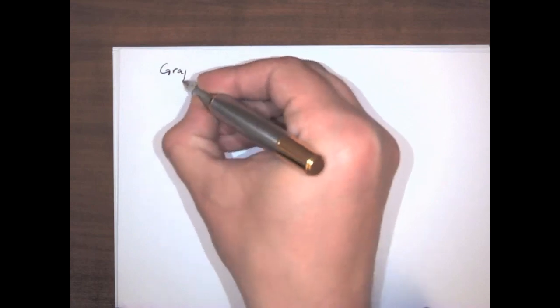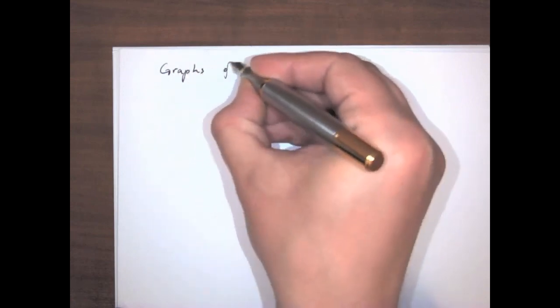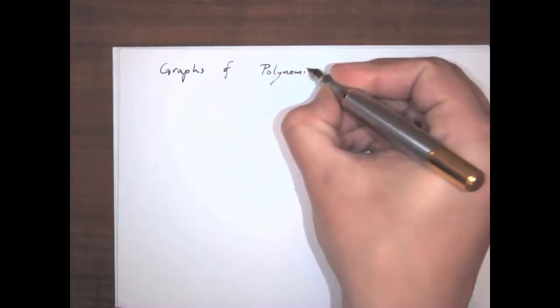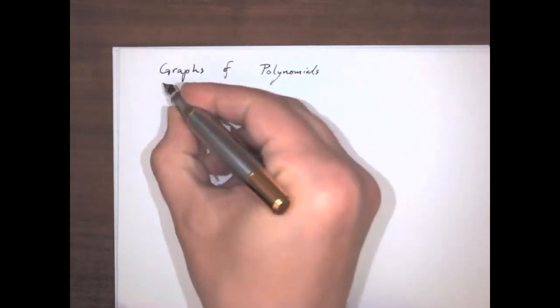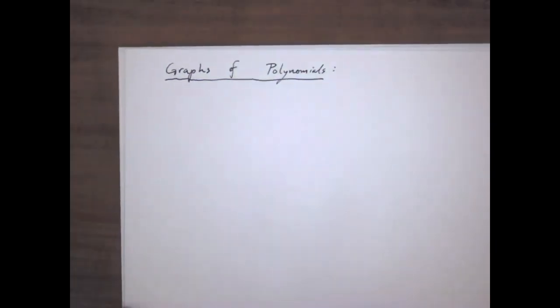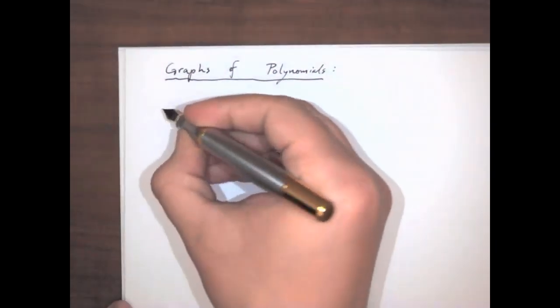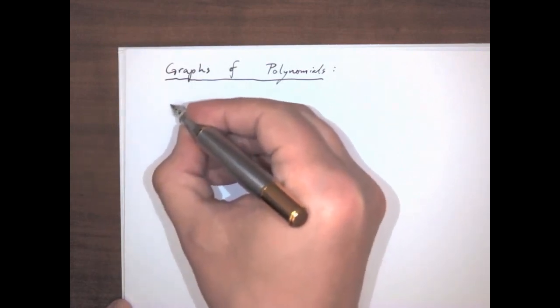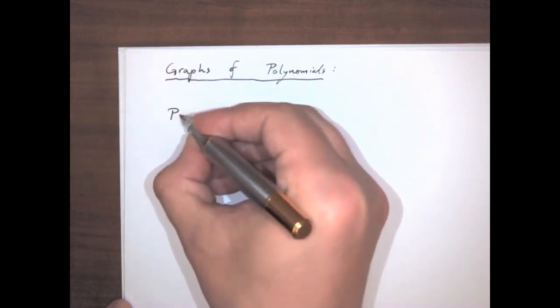So, graphs of polynomials. So first off, the overall shape is going to be smooth and wiggly.